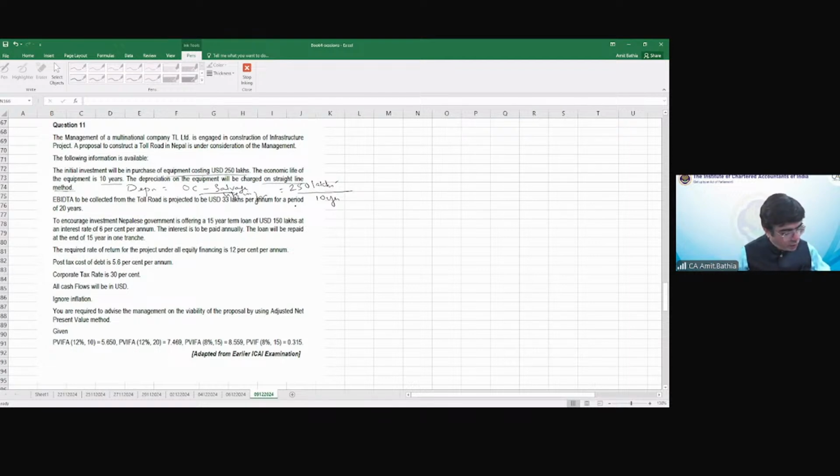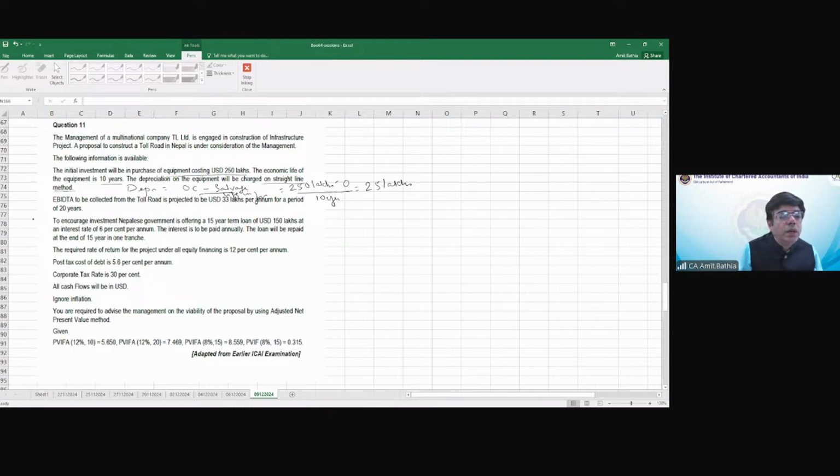The answer is yes or no. No, there is nothing mentioned about the salvage value, right? No salvage value is there. So in that case, my salvage value is 0, which means my depreciation is going to be 25 lakhs per annum. Are you with me?